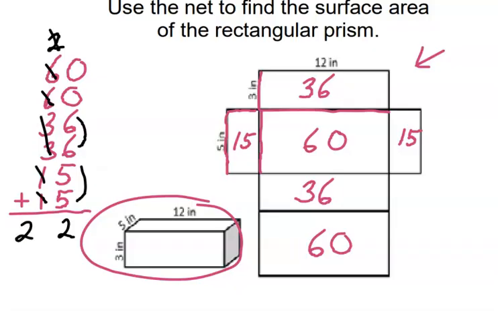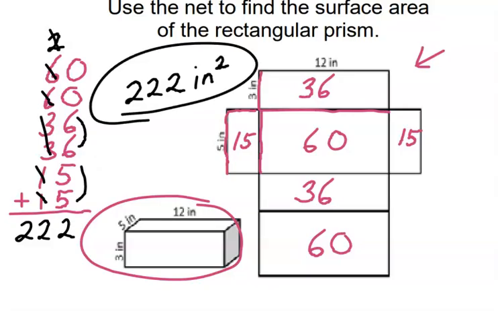Okay, so the answer is 222. So the total surface area is 222 inches squared. All right, that's how we find the surface area by utilizing that net.